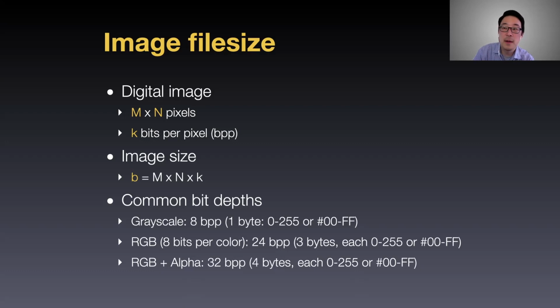Or typically on the web, we specify those numbers in hexadecimal or base 16, where each digit can be one of 16 values. So instead of just going 0 through 9, we add 6 more values, A, B, C, D, E, F. So each place becomes a value of 16, and that's still 2 places of 16, or 16 squared is 256 values there.